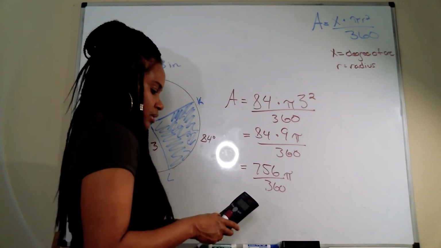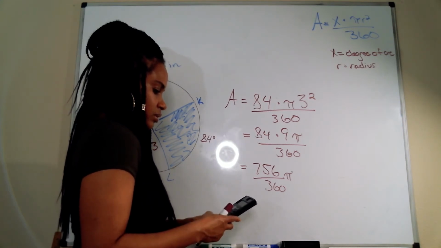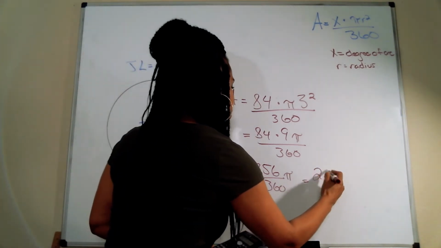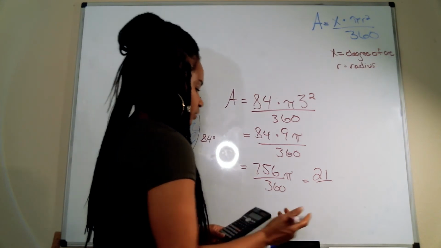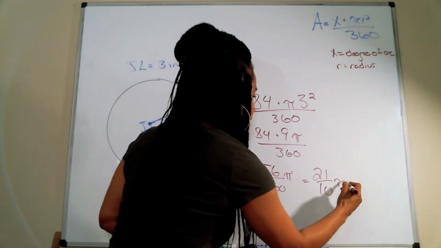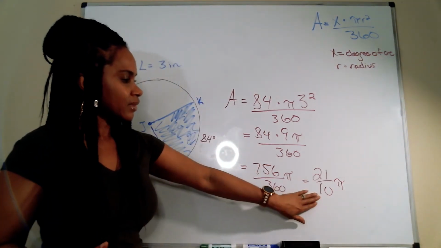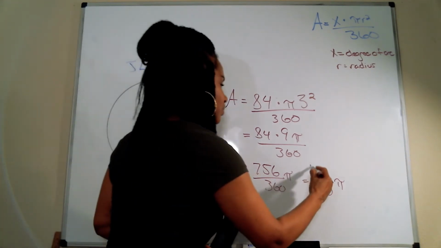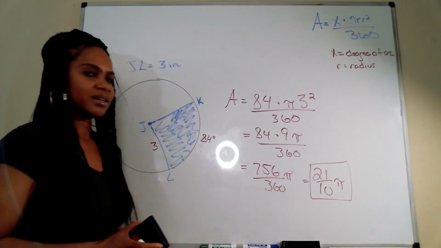Let's see. 756 divided by 36 is 21, and we know that 360 divided by 36 is, of course, 10. All right. Can I reduce 21 over 10? No, I cannot. So my final answer is 21 pi. And we found the area of a sector of this circle.